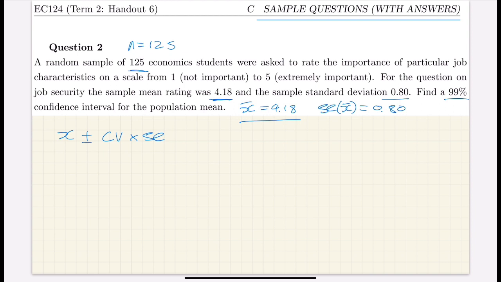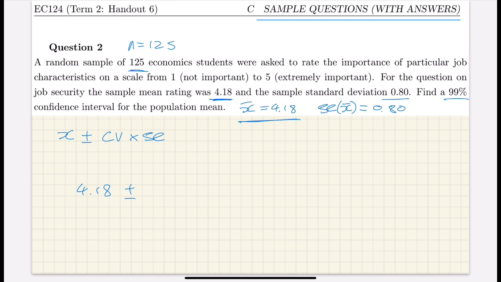So we have x that is equal to 4.18, and then we write plus or minus. The critical value is something that we have to find out by ourselves.